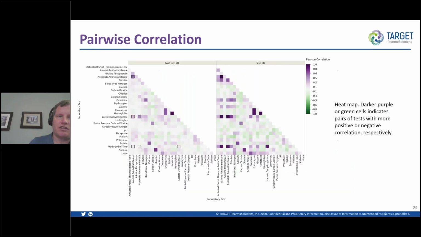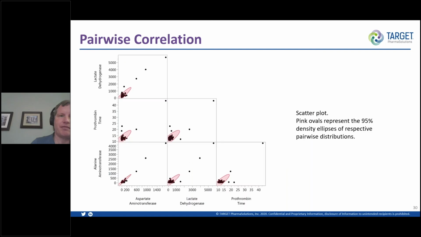I can also summarize this and highlight those paired cells here in this analysis. And you can see on the right-hand side that the correlation between these pairs of variables is quite a bit more extreme than it is for the overall reference for this particular site.